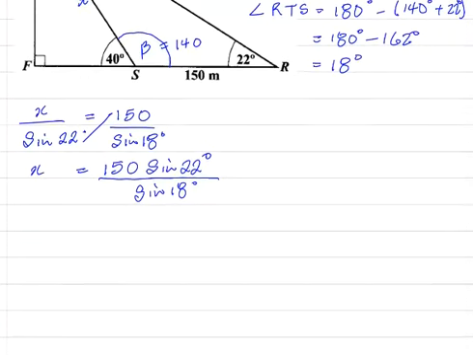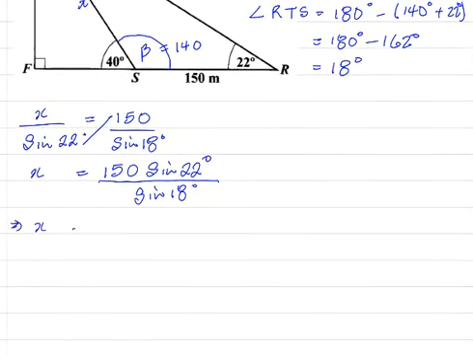So X, which is ST, is equal to, let's work that out, 150 sine 22 over the sine of 18, and that is equal to 181.8 meters. Alright, so ST is 181.8 meters.